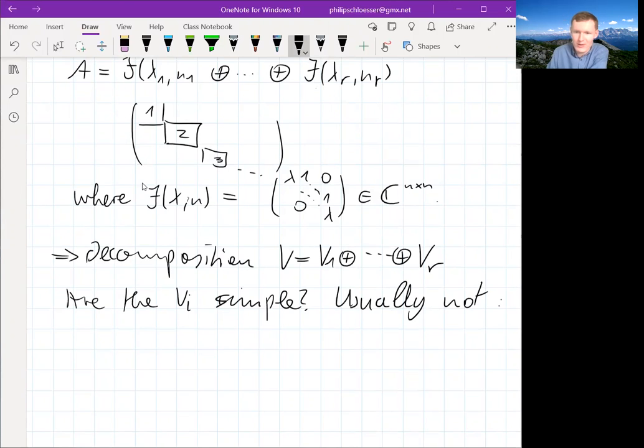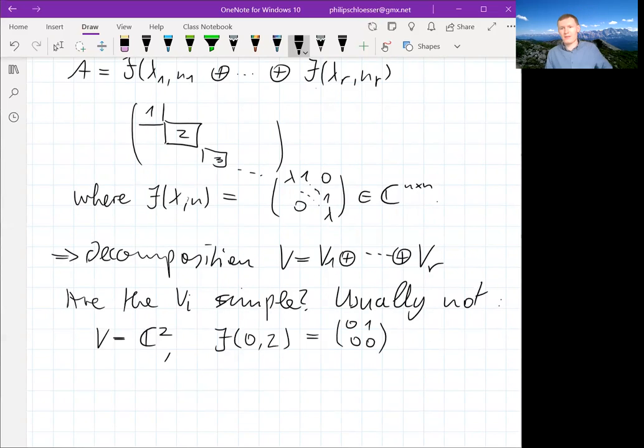For example, if we look at the Jordan block, let V be C^2 and consider J_{0,2}. So J_{0,2} just looks like this matrix, meaning that x times the vector (1,0) is just 0, but x acting on (0,1) is (1,0).